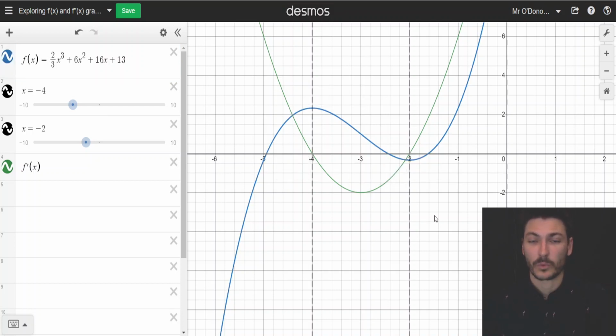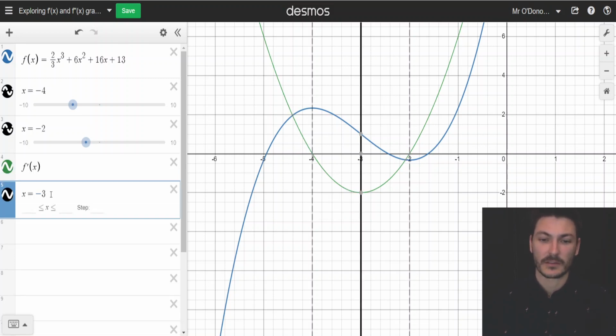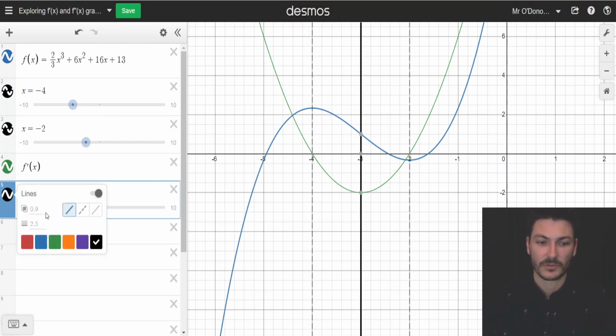Now, that's one thing. The second thing I want to talk about is once you've got the first derivative, let's look at its turning point. It has a turning point here at -3, -2. But the -3 x value is the main thing I want to look at. I'm going to sketch another straight line, x equals -3, and I'm going to do it very similar to the other ones here.